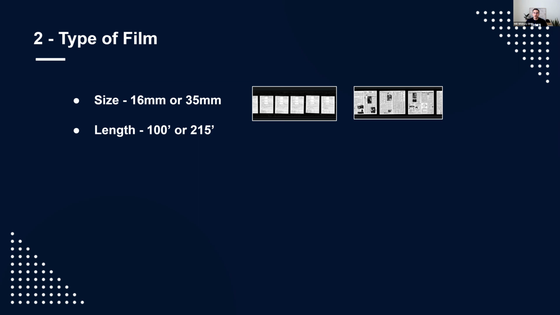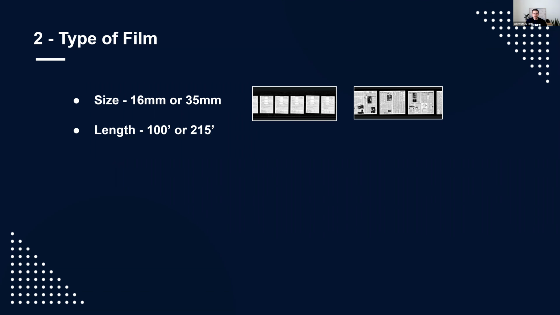So the cost is going to go up from that. Not necessarily linear, like twice the cost, but it is going to be more expensive than scanning a 100-foot film. 16 millimeter, 35 millimeter, both are in a 100-foot length. 16 millimeter is where you get the 215 lengths. There are no 35 millimeter 215 feet film.